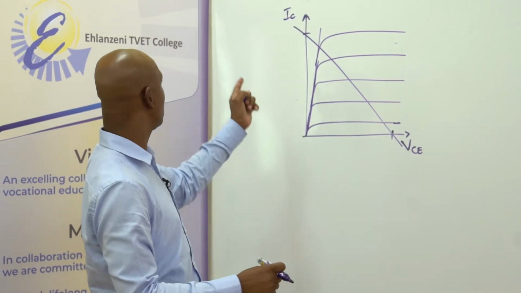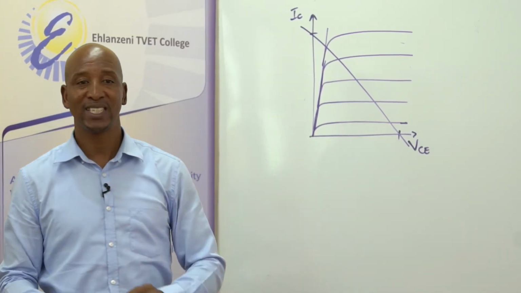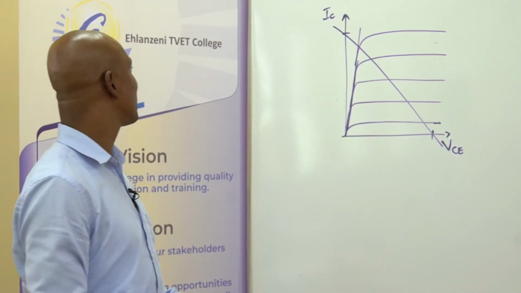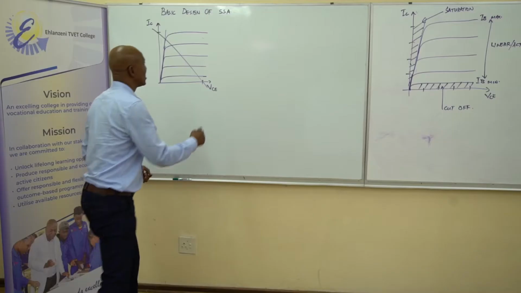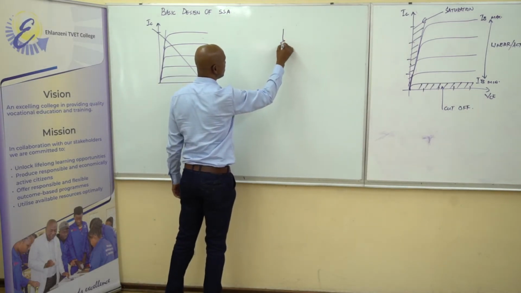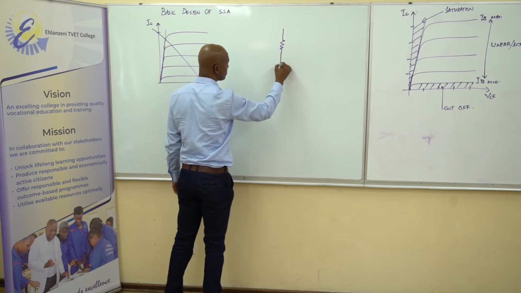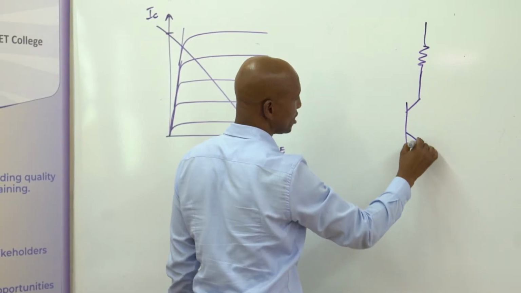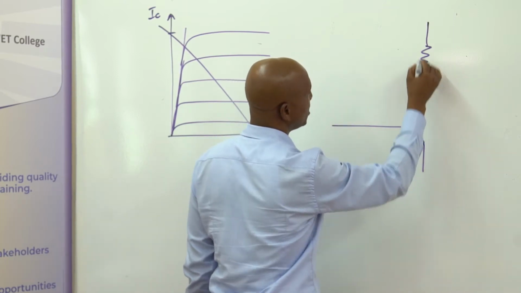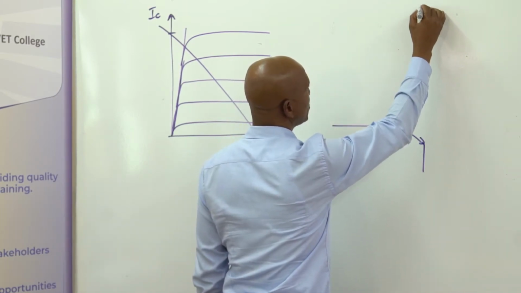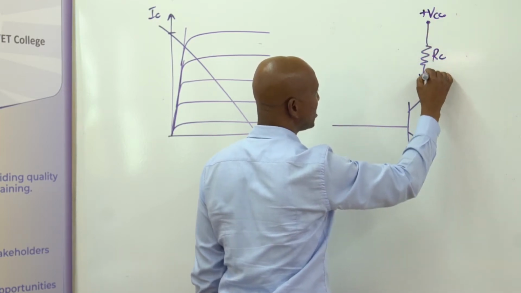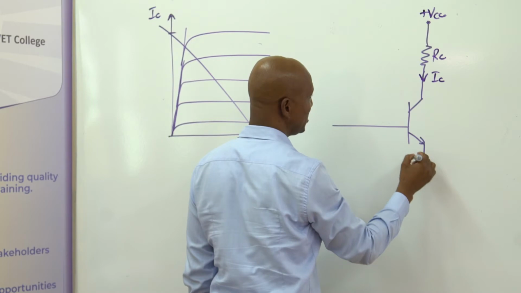We normally don't just draw a DC load line like that. There are some calculations involved. First of all, we must know how our circuit is designed. Let's use a basic common emitter amplifier. This will be my plus VCC, RC, IC.